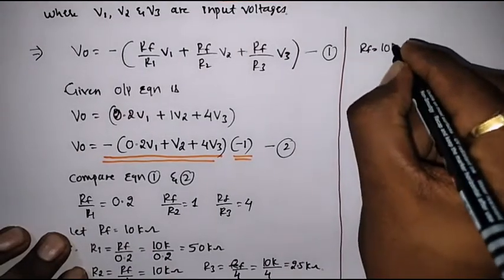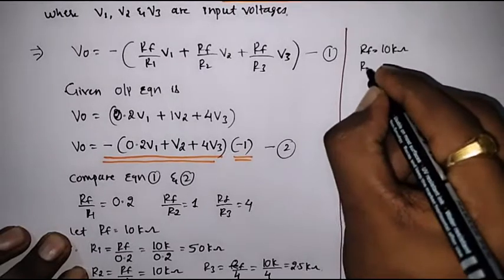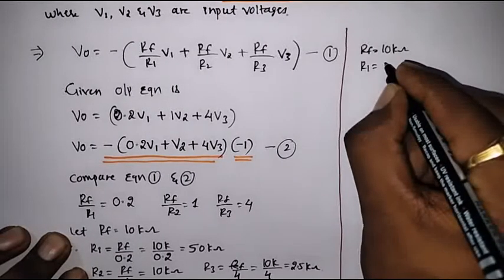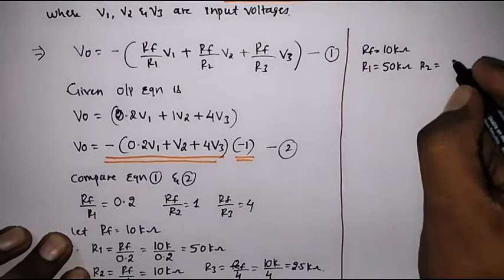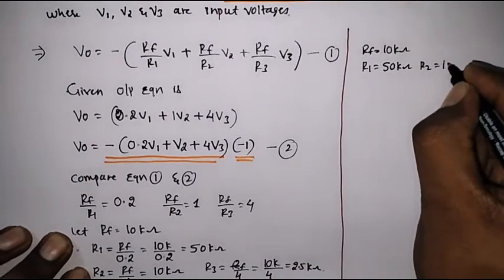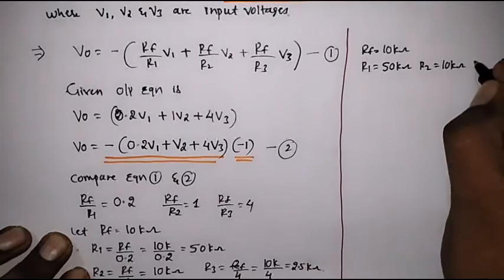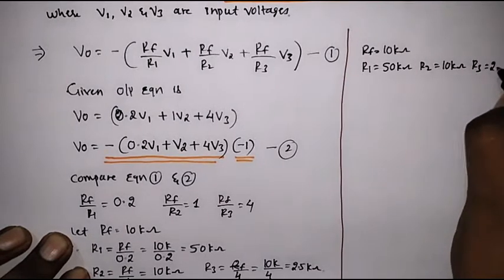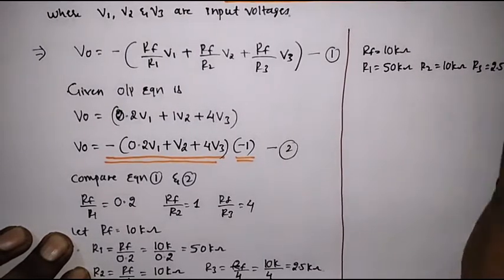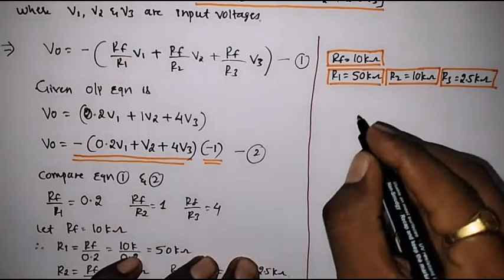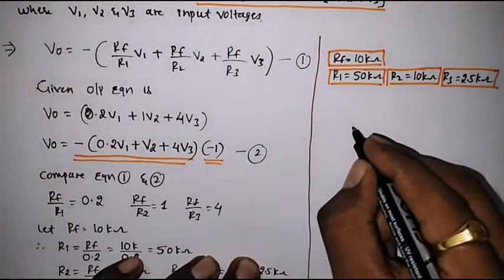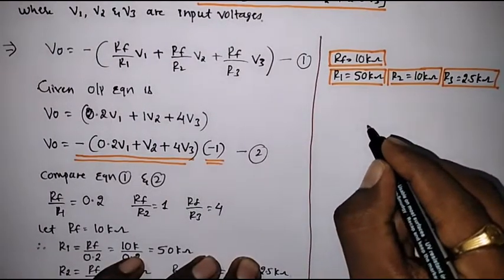So RF equal to 10 kilo ohm, R1 is 50 kilo ohm, R2 is 10 kilo ohm, and R3 is 2.5 kilo ohm. Now we'll draw the op-amp inverting adder circuit.